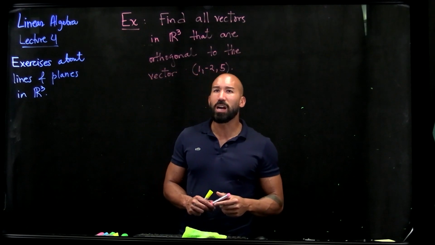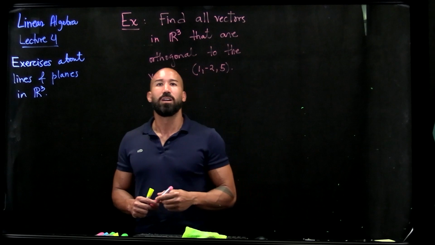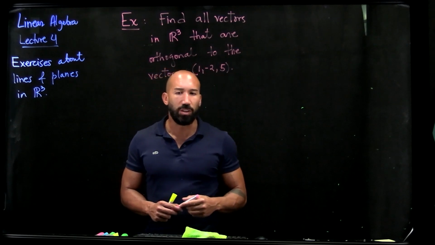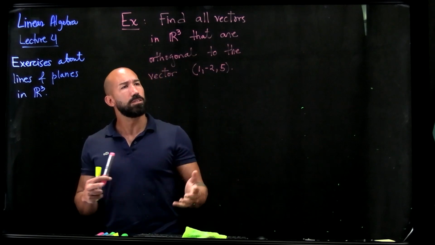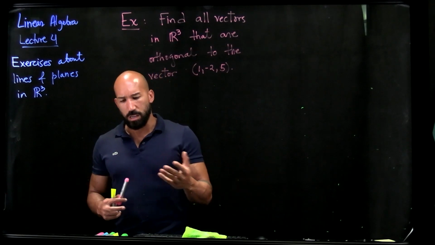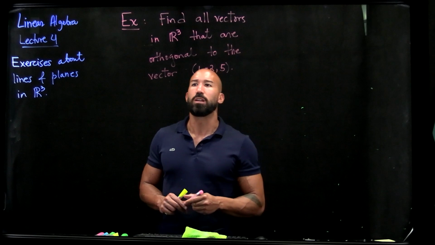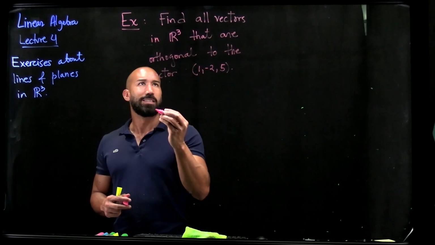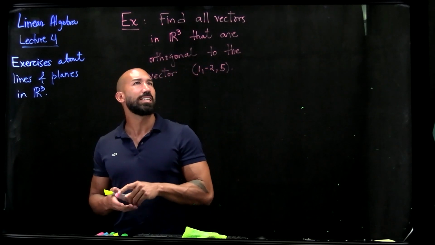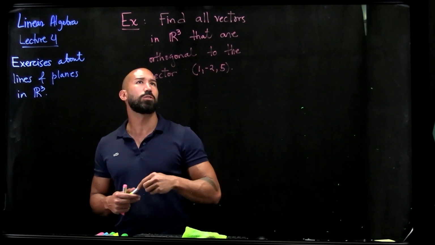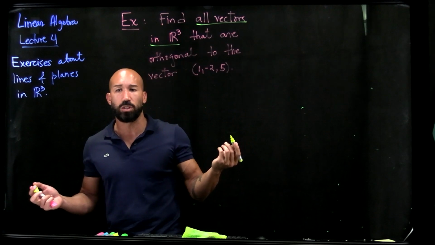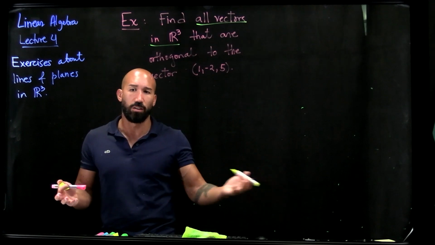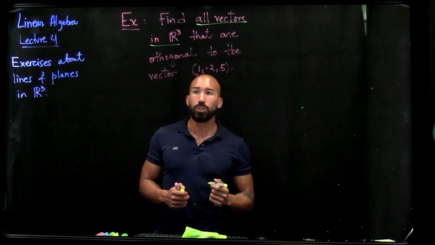And what we are going to do now is use our algebraic tools to solve this problem in a little bit more detailed way. So, all vectors in R3 orthogonal to this one. What we know about a vector in R3 is that it consists of 3 components.